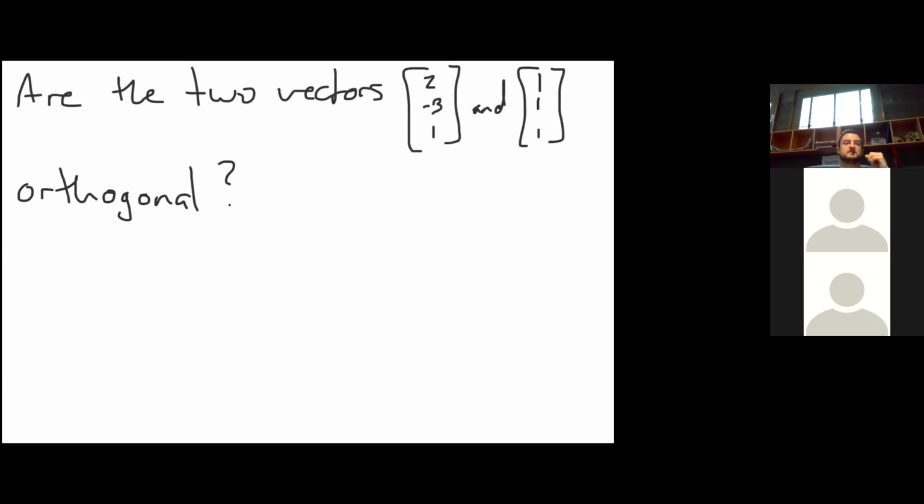You type your answer yes or no into chat, but do not hit enter. Wait for me to tell you to enter. That way we can get everyone's answer at once.